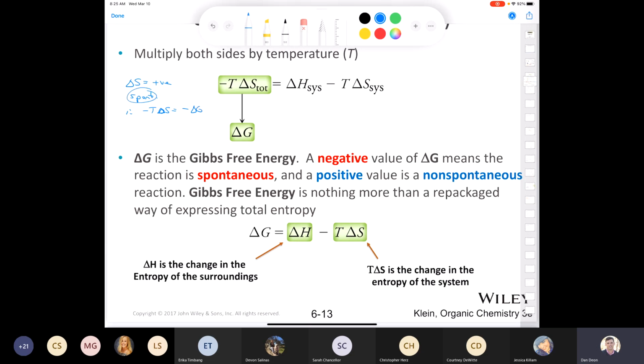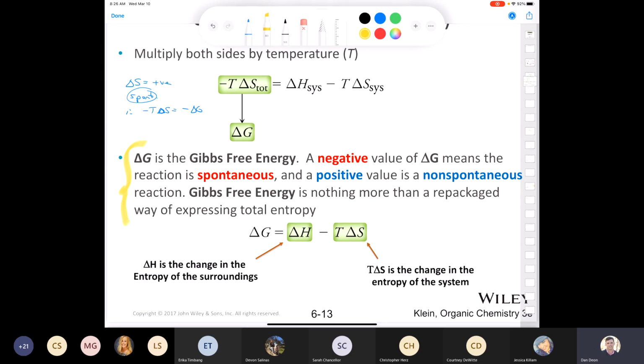And then, of course, if your delta S is negative, you have a negative times a negative, which gives you a positive. And so when delta G is positive, that's going to be a non-spontaneous process. Again, this is just a review. This would be the thermodynamics section of General Chemistry 2.